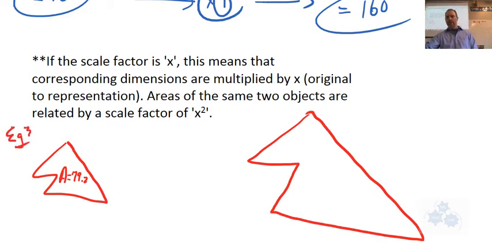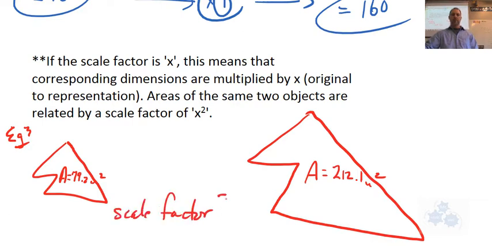Area is 79.2. And the area of this one is 212.1 units squared. What's the scale factor? Okay, so see if you can figure that out. What is the scale factor? And don't shout it out when you get it. Let the others try and figure that out. See if there's a way you can do this. So those are the areas, see if you can figure out what the scale factor is.